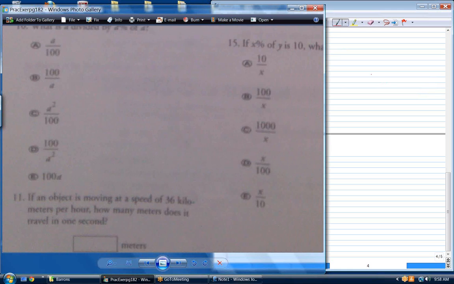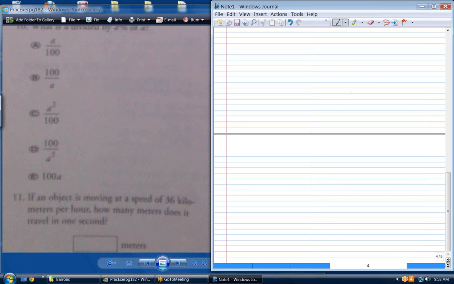If an object is moving at a speed of 36 kilometers per hour, how many meters does it travel in 1 second?